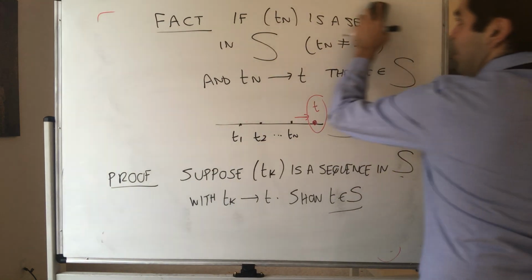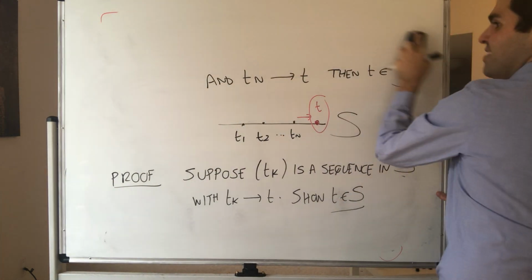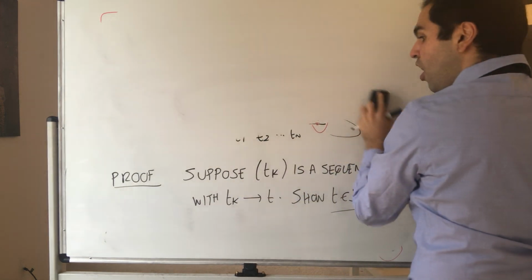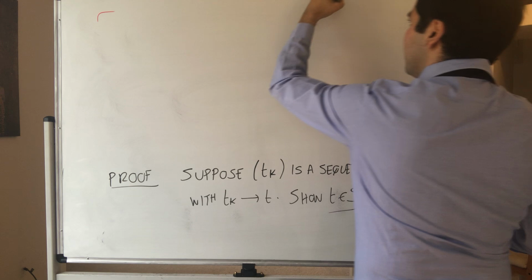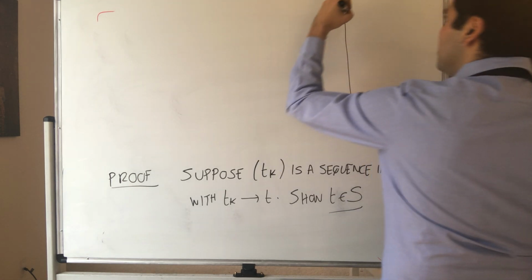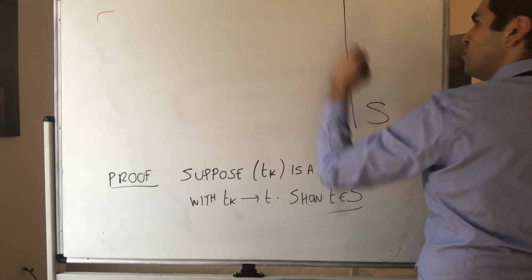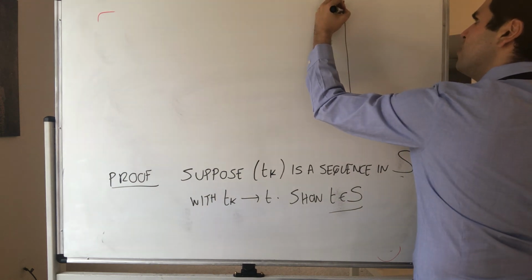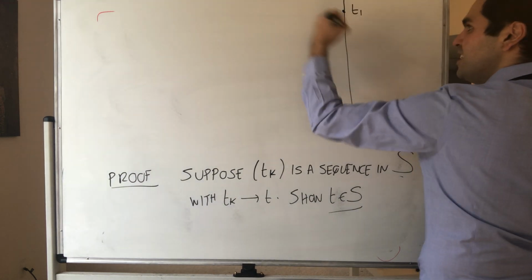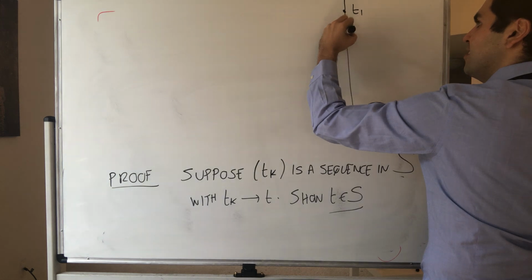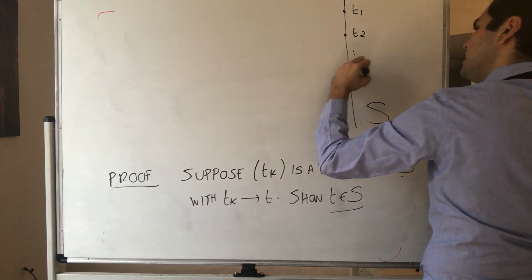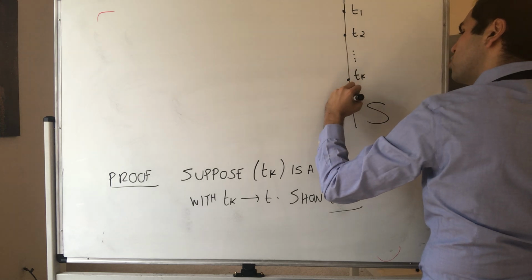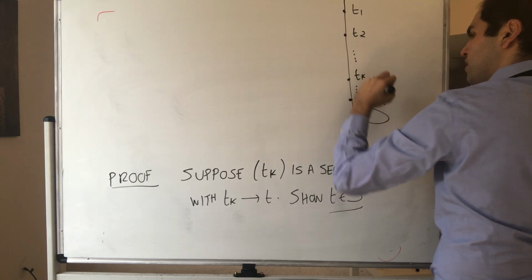Now what is going on? So remember what S is. It's the set of all destinations of express trains of your sequence. So this is S, and we're assuming we have a sequence in capital S, so a sequence of limit points, T1, T2, Tk, and we assume this converges to T.